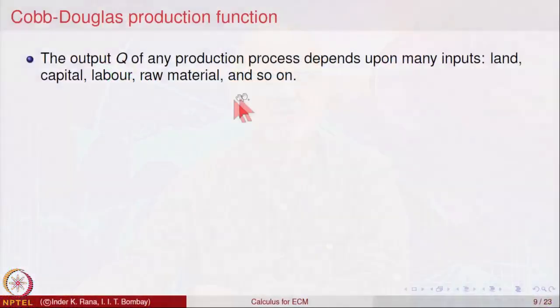Let us look at one very particular special function which we will hopefully not be dealing with much in this course, because that requires the concept of functions of two variables. The output of any product depends upon many inputs. When something is being produced, it depends on many things: land, capital, labor, raw material, and so on.